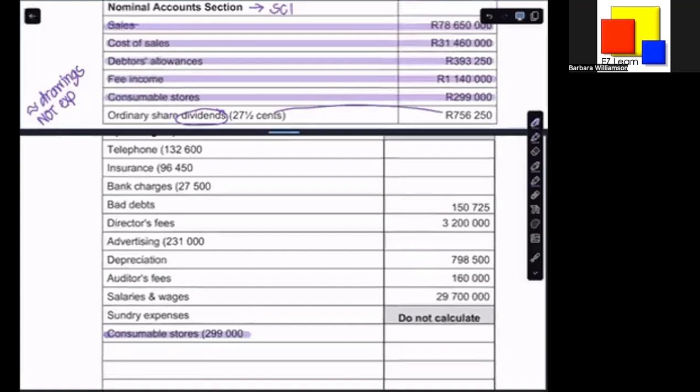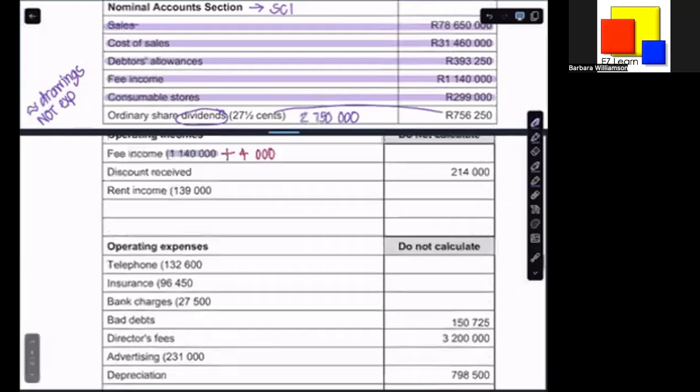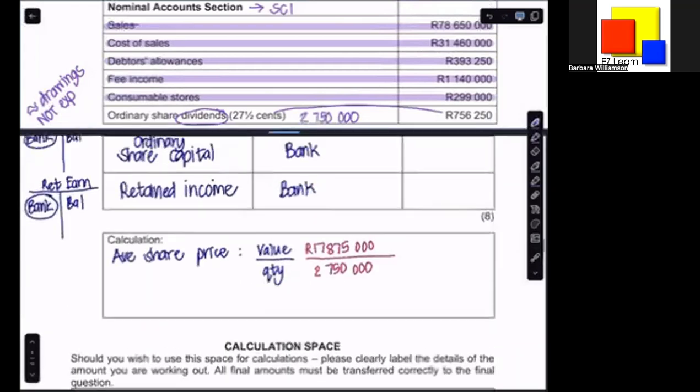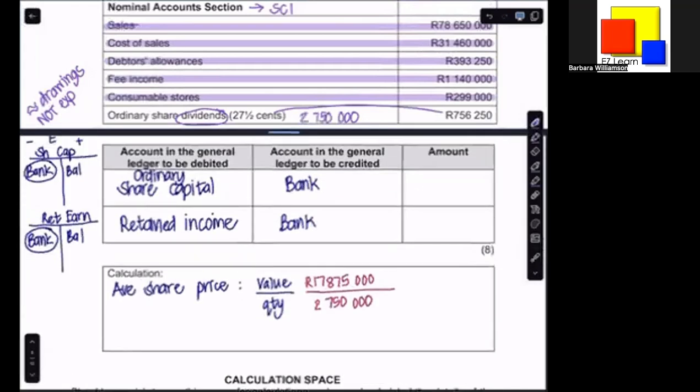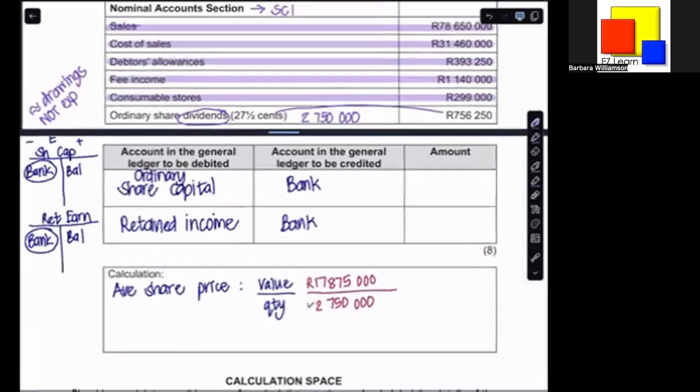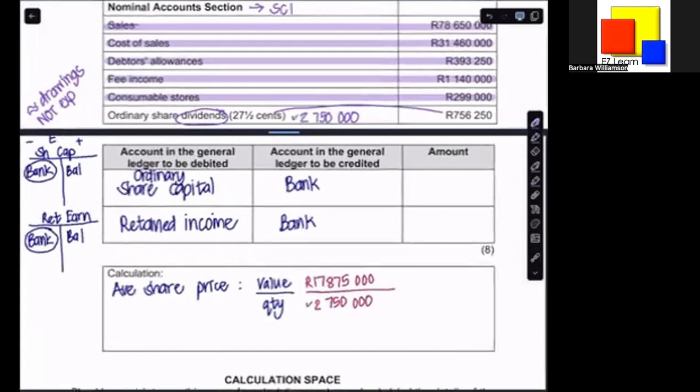So if you say 756,250 divided by 27.5 cents, 0.275, that tells you that at this point there are 2,750,000 shares in issue. And you can actually go and compare that to your ordinary share capital, and you can see, yes, it is the same. So all good. That means there were no other extra shares issued at that point.